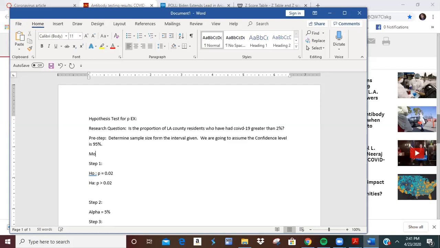So we have this relationship that the margin of error is the width divided by 2. They said it was from 2.8 to 5.6.